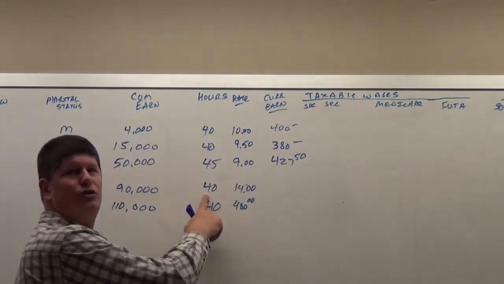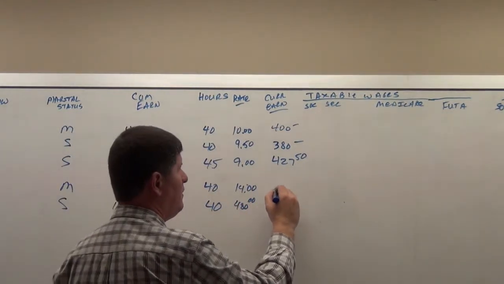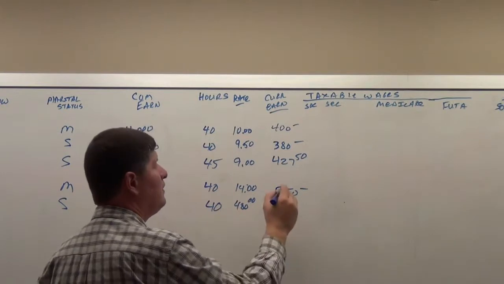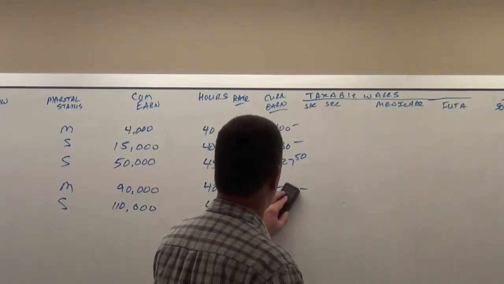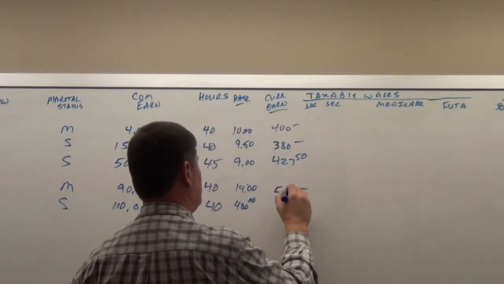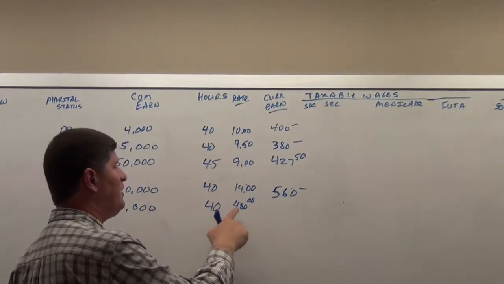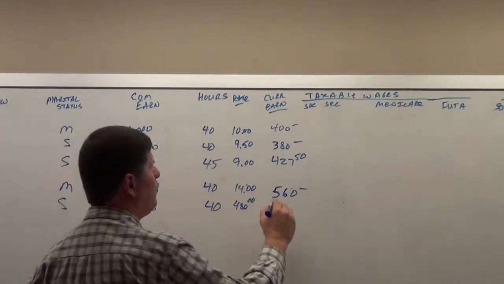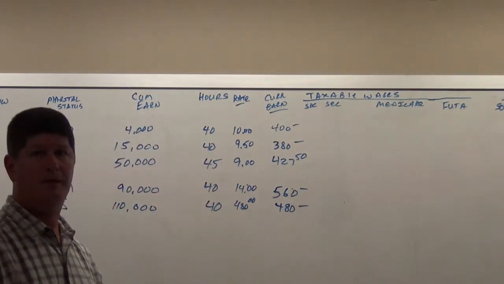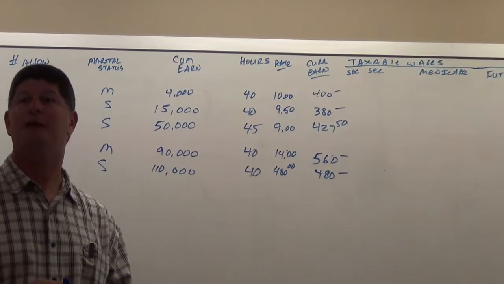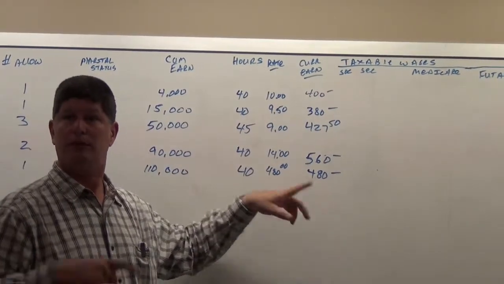Okay, back to just normal 40 hours a week times 14 bucks is 560. Okay. 40 times 12 is 480. Good? Okay, ready?